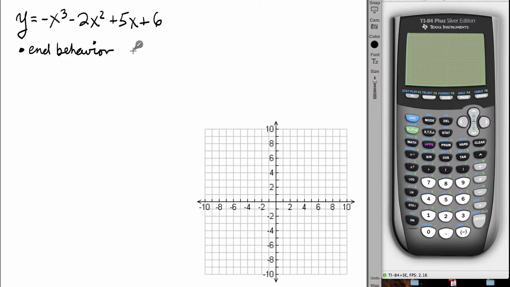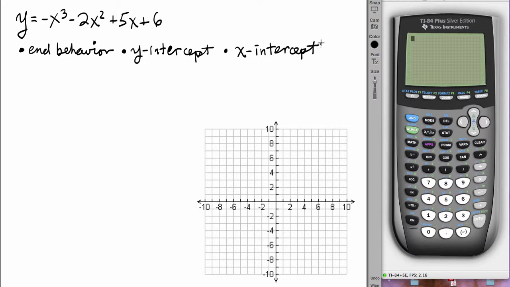Another of the three features is y-intercept, and the final set of features, and there might be more than one, x-intercepts.